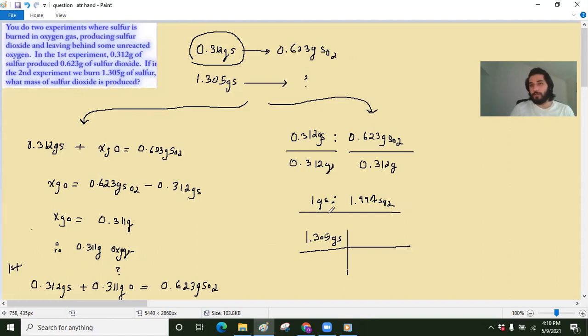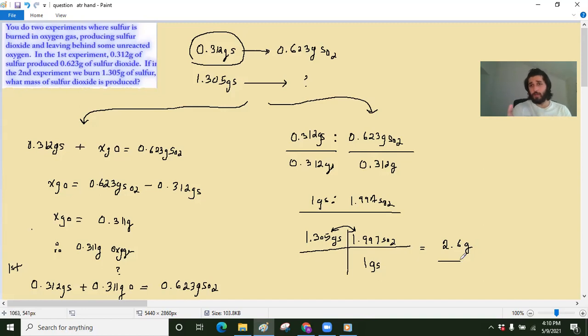You're obviously going to put your 1 gram of sulfur on the bottom, so that the sulfurs cancel out, and you're left with 1.997 of SO2, your sulfur dioxide. You would multiply both of these in a calculator, and again, you would get 2.6 grams.